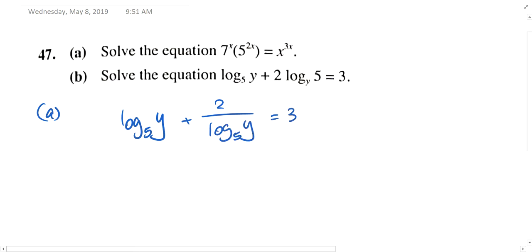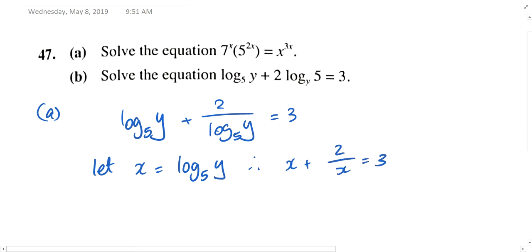And then? Let x be equal to log 5 y. Therefore, x plus 2 over x equals 3.